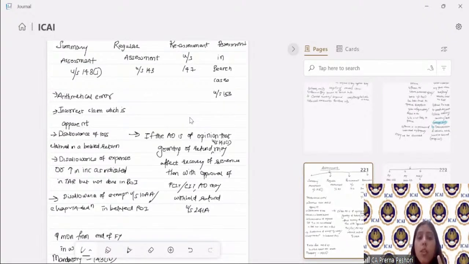But he can do that only after giving intimation to the person that the refund will be set off against the earlier year's tax liability.